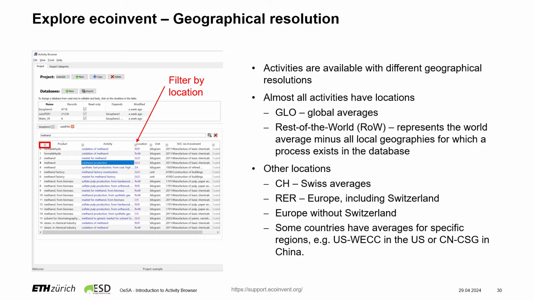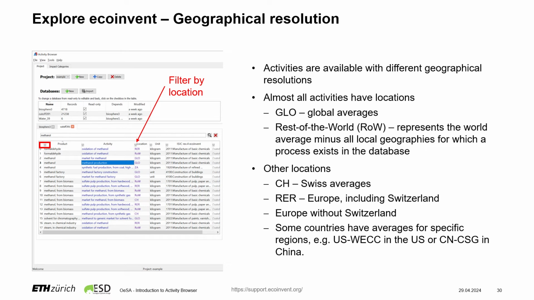Some of them are ROW, so these are rest of the world. That means that for an activity with a specific name, for methanol production, for example, if you have this activity available for a number of countries, but not for all of the countries in the world, then you would probably see, in addition to country-specific data sets, one data set that is ROW, so rest of the world data set.